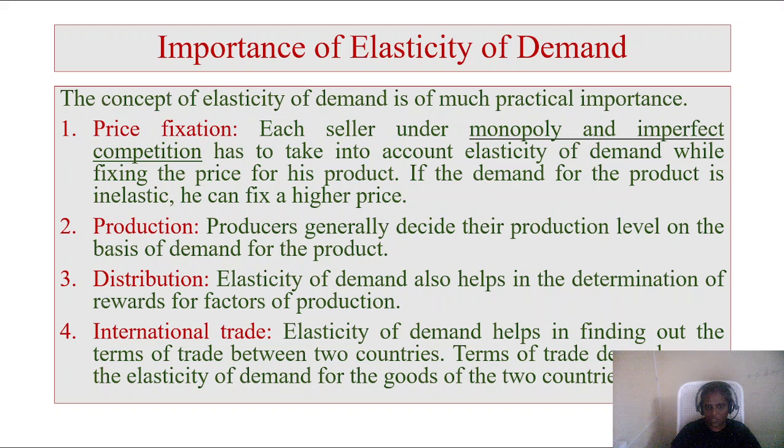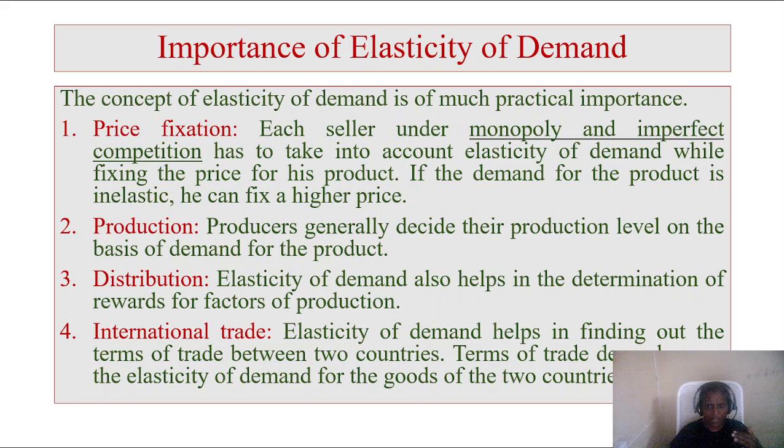Producers generally decide their production level on the basis of demand for the product. Yes, elasticity of demand is very important here. If producers come to know that the demand for their commodity is high, they produce a high level of production; otherwise they don't take the risk of increasing their production. Before starting the production process, they look into the demand for the commodity.